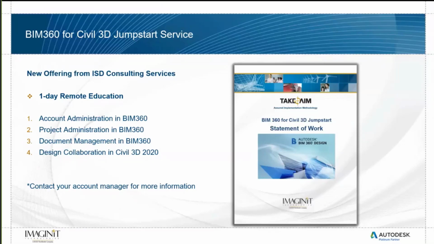Document management in terms of creating files and folders and folder structures, the recommended ways to manage those files and folders, and then of course design collaboration within Civil 3D. So more detailed information on how to use the features and functions that are available to you once you have that Civil 3D 2020.2 installation run, plus the desktop connector, plus your BIM 360 design entitlement within your Autodesk software package.